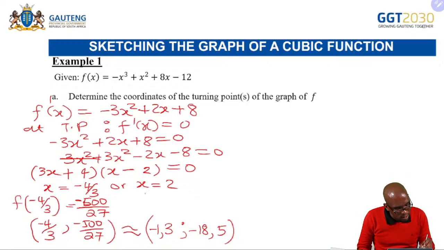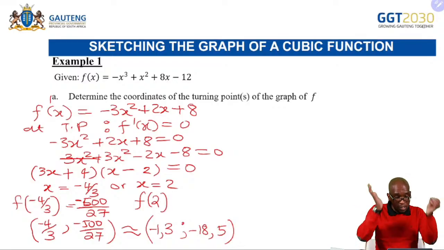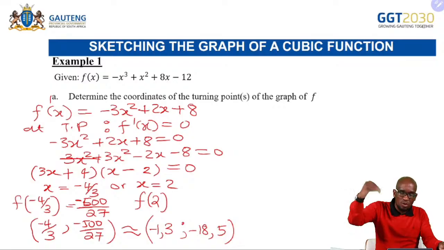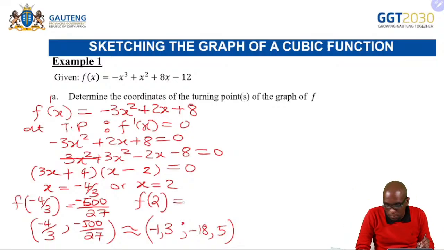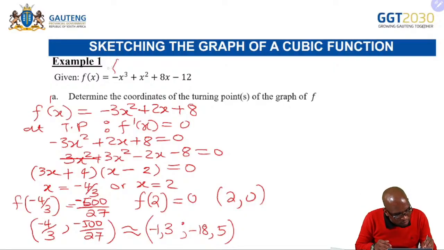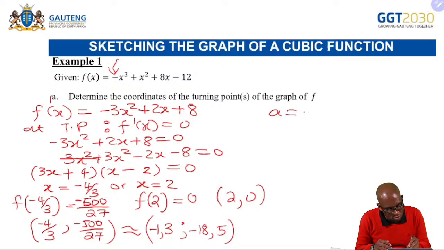The second one, what we're going to do is substitute the value of x. In this case, we obtained x equals 2. We substitute that value of x in the original function. If we substitute 2, we're going to get 0. So the other stationary point in this case would be (2; 0). So we have 2 stationary points. Because we have 2 stationary points and a, if you check, a equals -1.